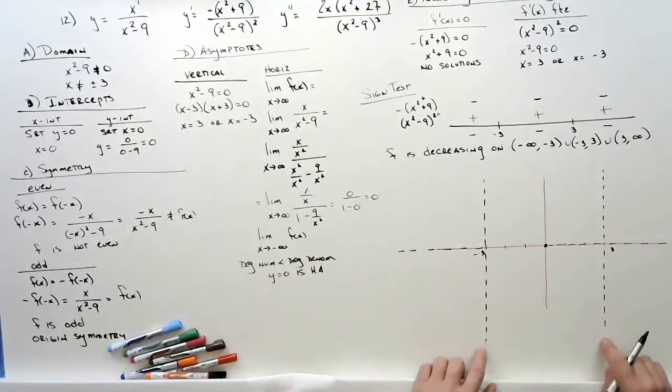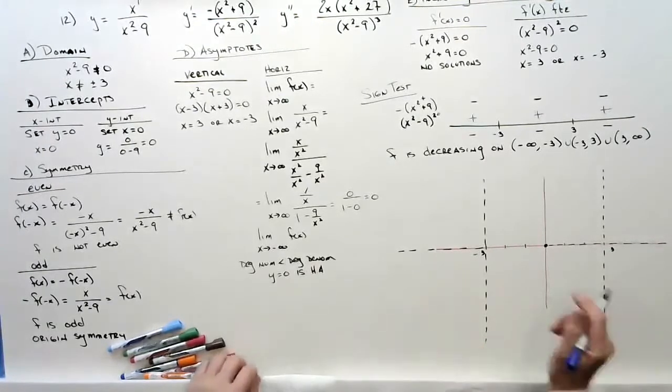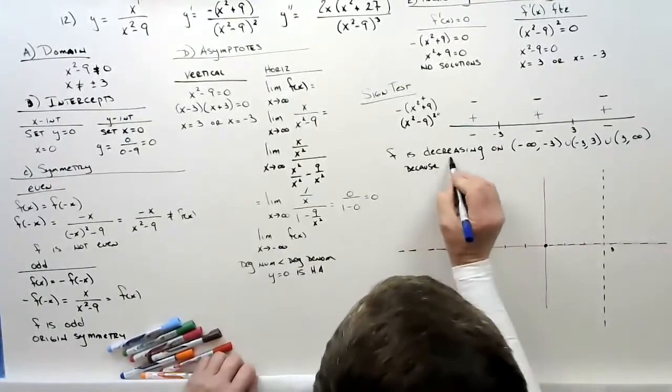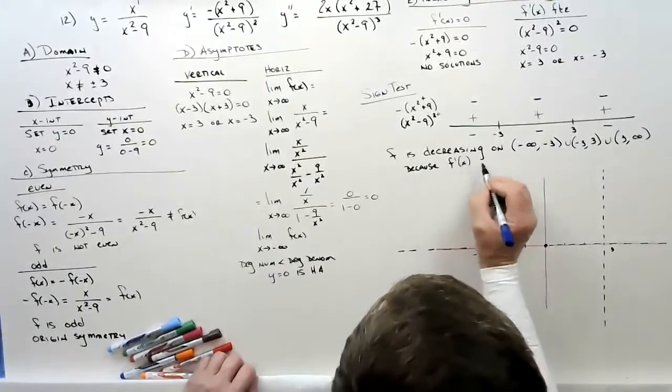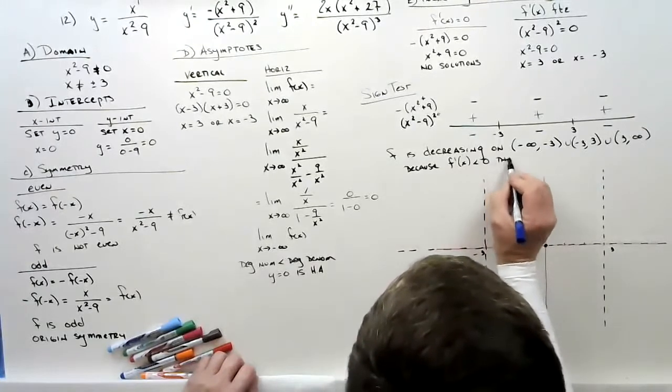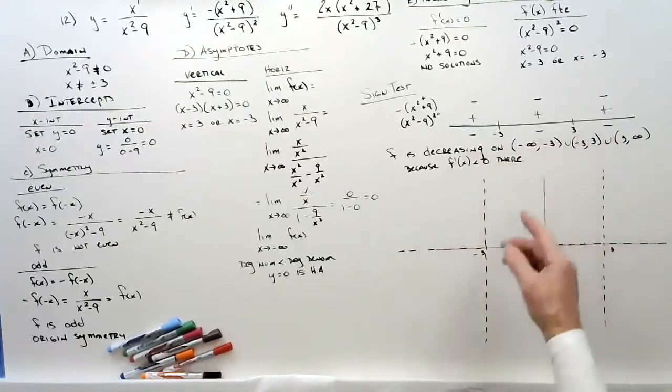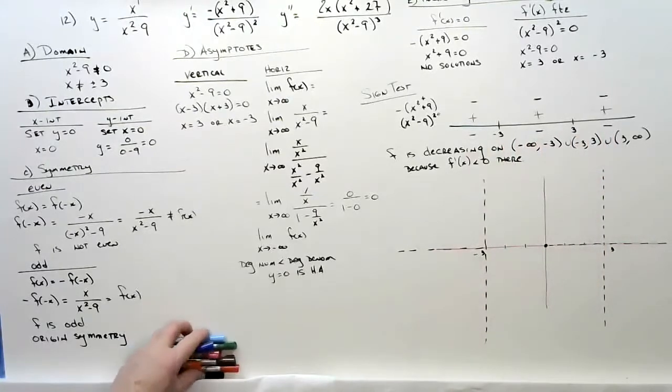It's not defined there. So we have to be careful how we write that, and we've got to justify why. Because f prime of x is less than 0 there. Now, we don't have any more increasing and decreasing because this function's decreasing in all of our intervals. We don't have to write anything about increasing.